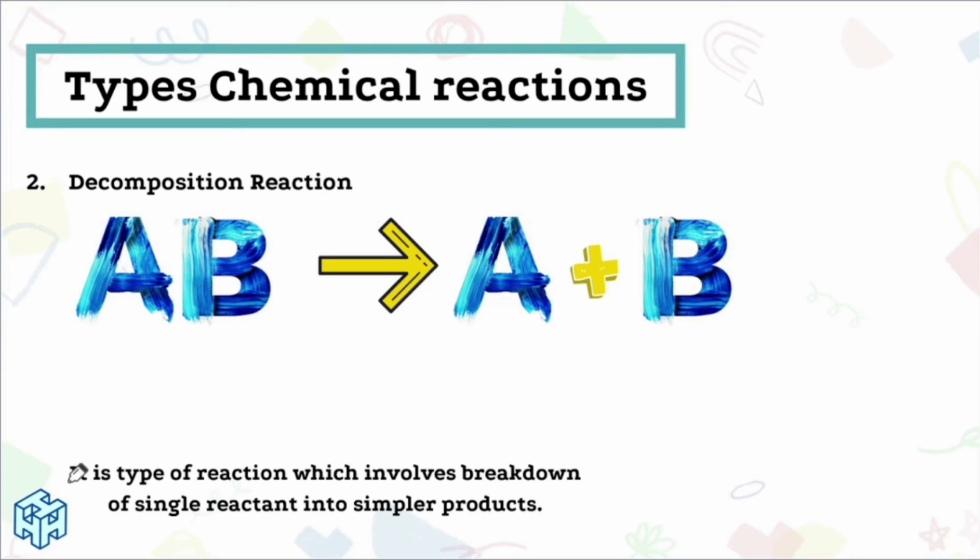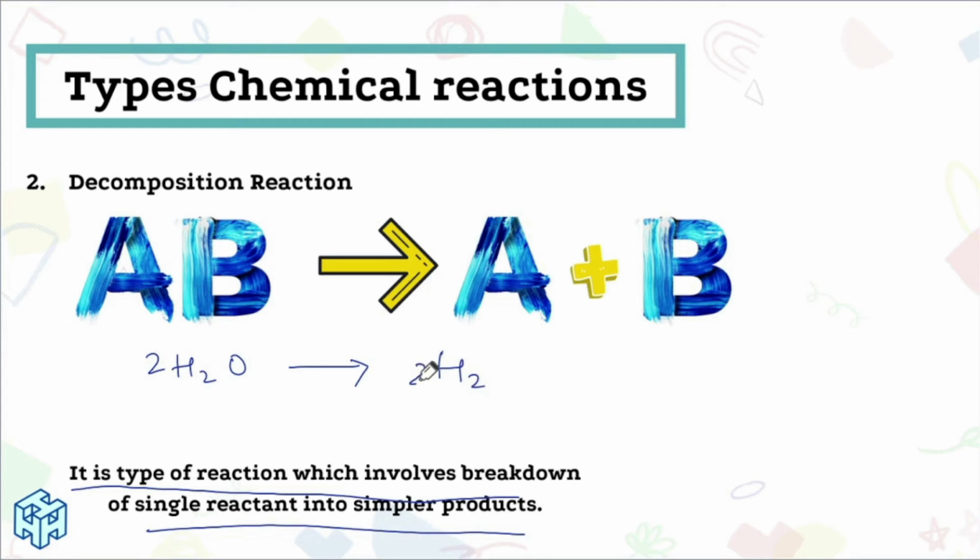It's clearly given. Let me give you an example here. It's a type of reaction which involves the breakdown of a single reactant into simpler products. Let me consider I have 2H2O which is breaking into 2H2 plus O2.